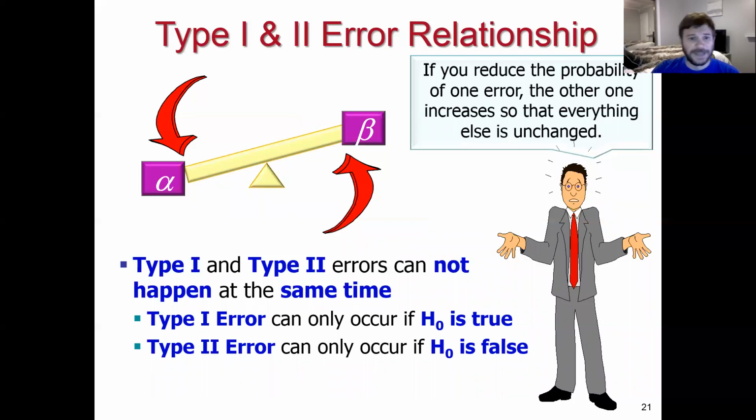And increasing one of them reduces the other. If I allow alpha to be bigger, that allows me to reduce the frequency of committing a type 2 error, as implied by this teeter-totter or seesaw diagram. Increasing alpha reduces beta, and vice versa. They are inversely related to each other.